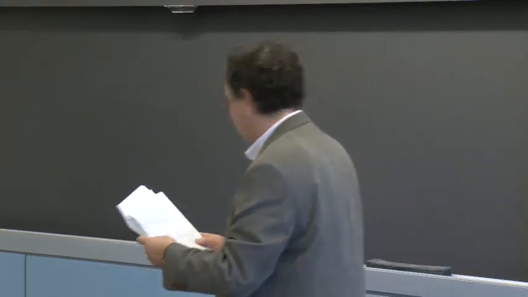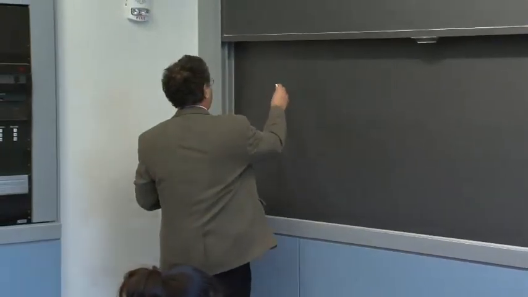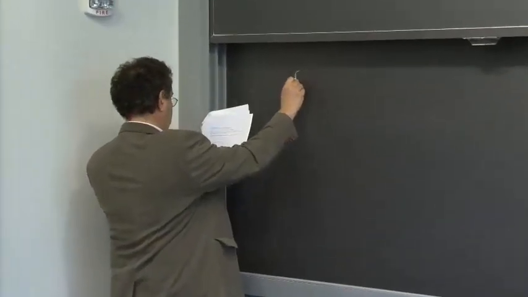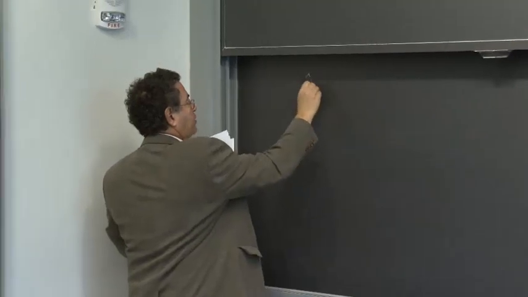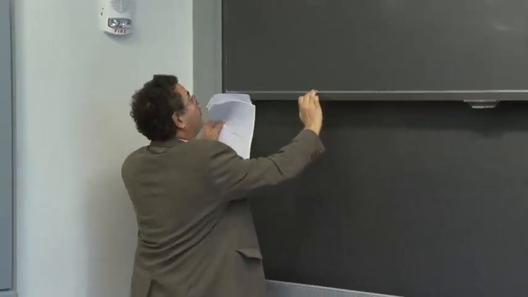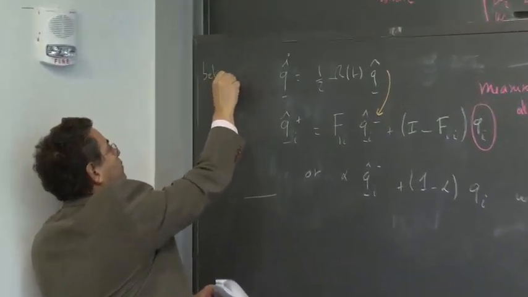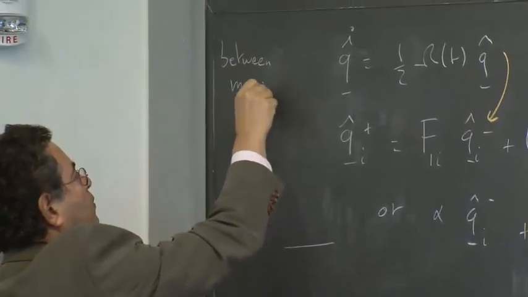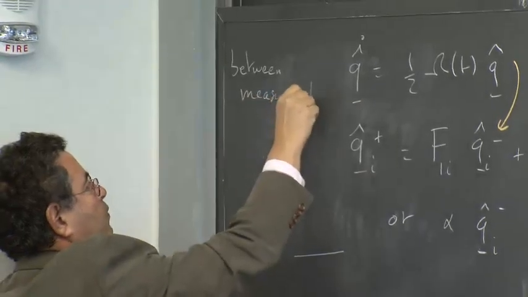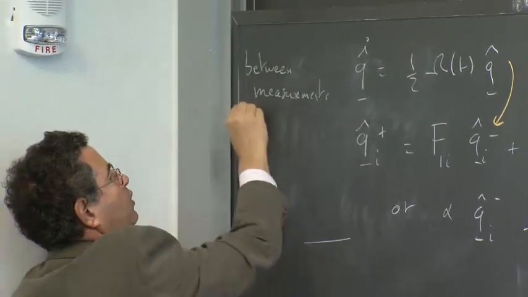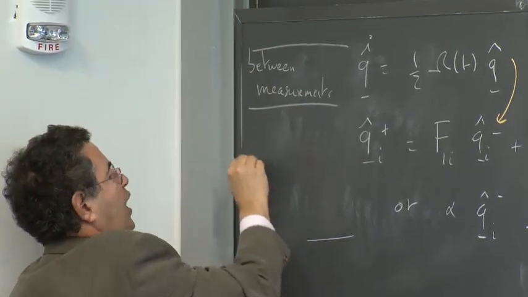Now, of course, we can do exactly the same thing for the last one. The last one is even simpler in a sense because it's linear anyway. But we can do R hat. This is between measurements, and this is at measurement.